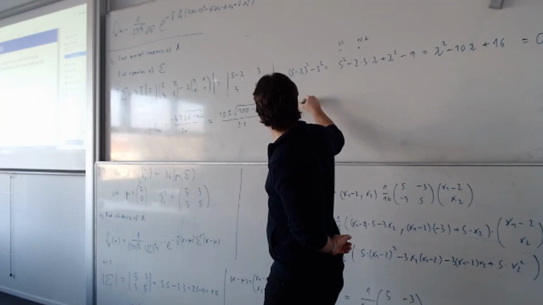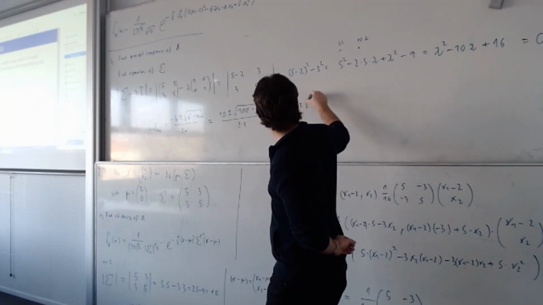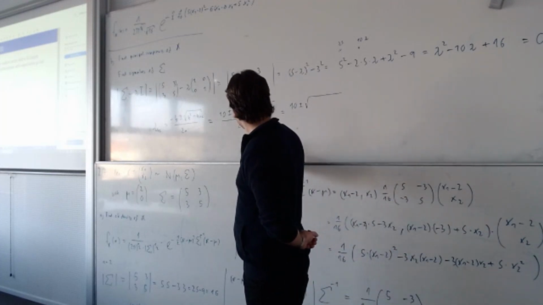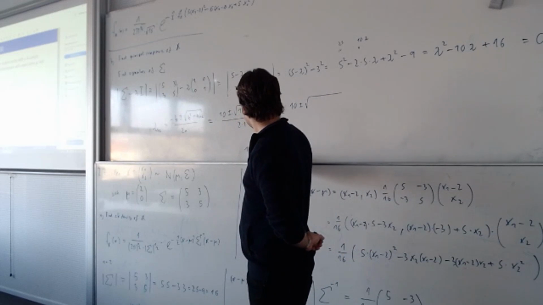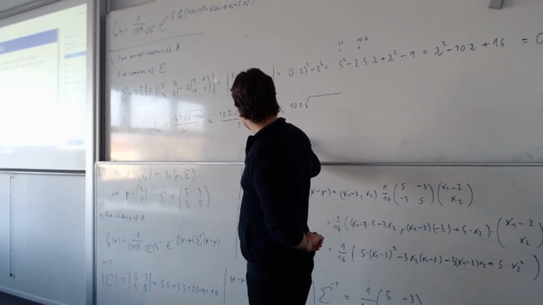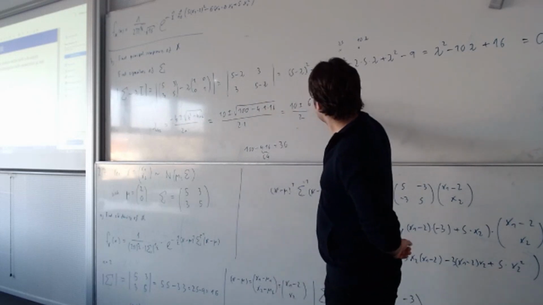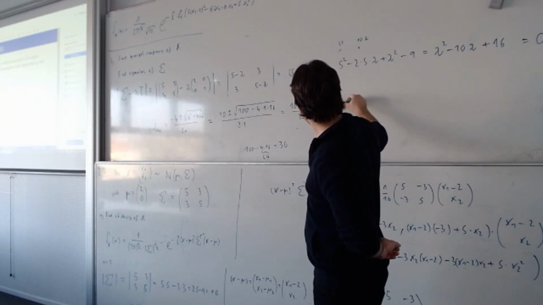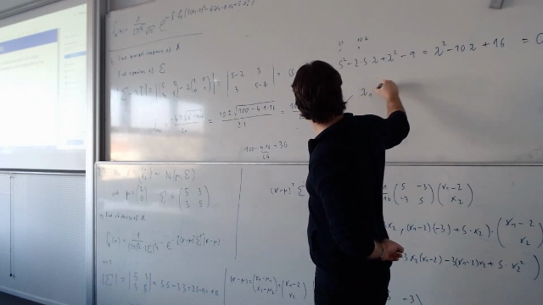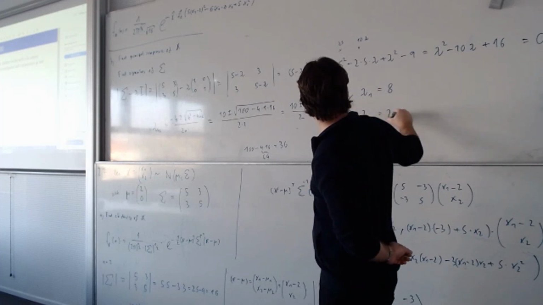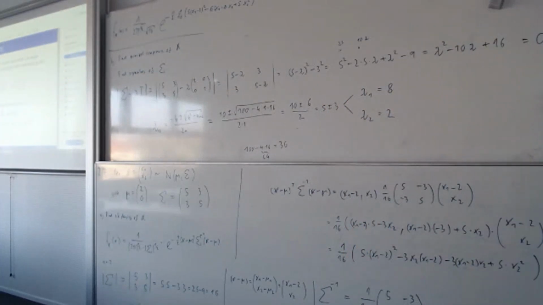So 100 minus 4 times 16, that's 64. 100 minus 64 is 36. So if we take the square root of 36, we get 6 over 2. So that's basically 5 plus minus 3. So we get that lambda 1, the first eigenvalue, is 8, and lambda 2, the second eigenvalue, is 2. Okay?